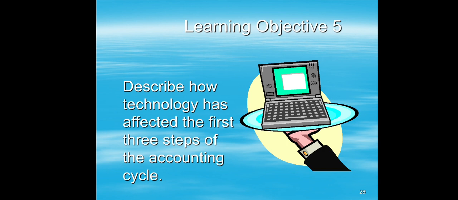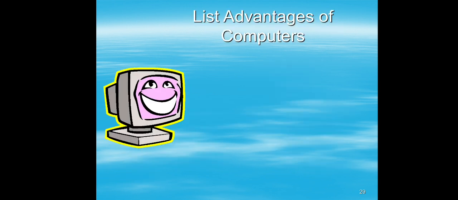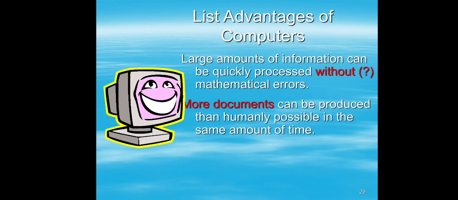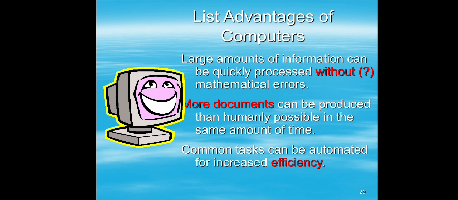So let's see. Describe how technology has affected the first 3 steps of the accounting cycle. The good thing about using computer software to do accounting records like this. The first one is that a large amount of information can be quickly processed without error. Maybe most of the time without error.